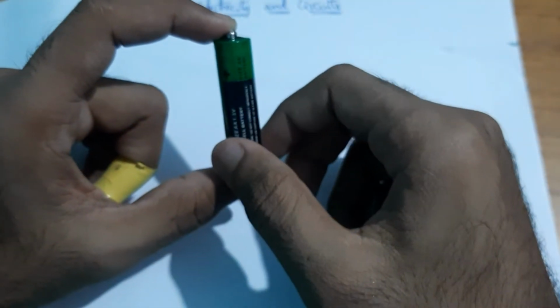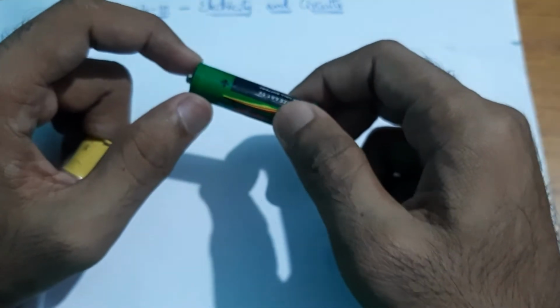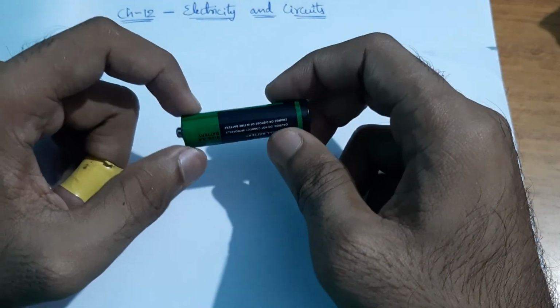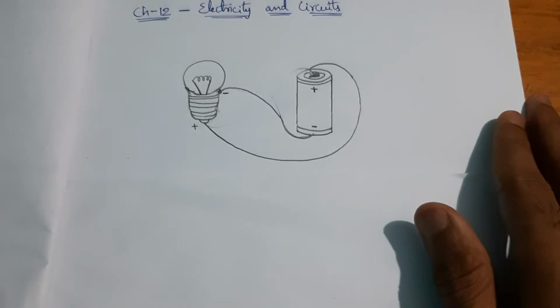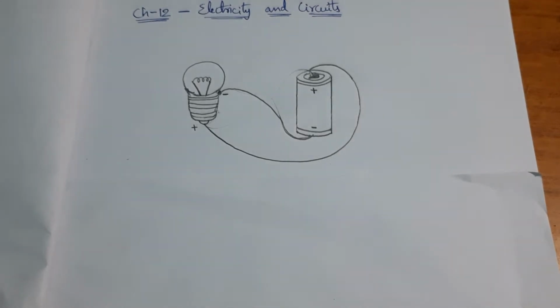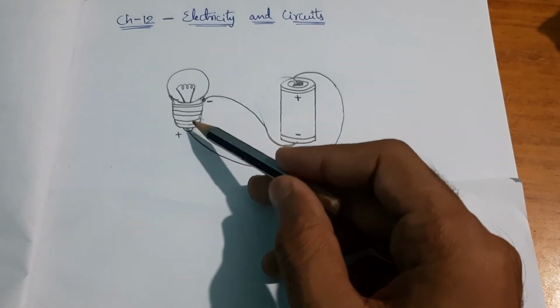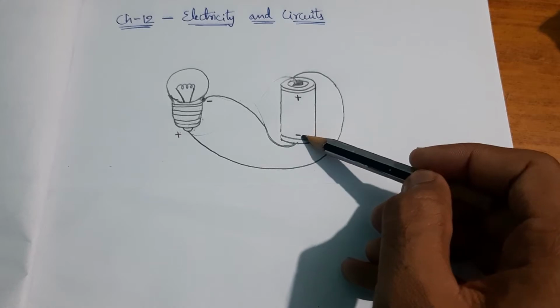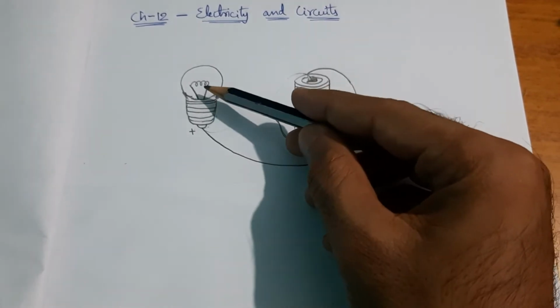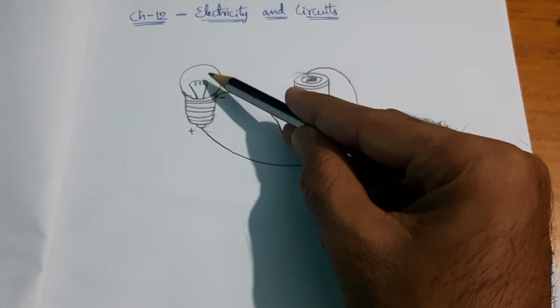Now let us connect the cell to a bulb and check how it works. This is the diagram which indicates that this is a bulb and this is the battery. A bulb has a thin wire which is called the filament.